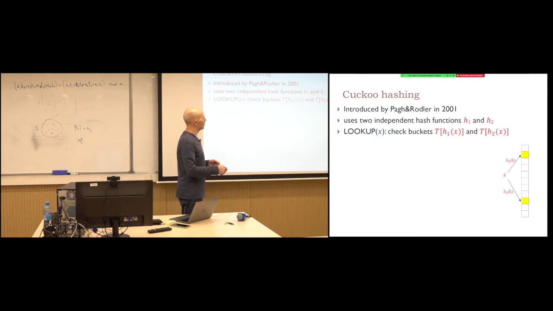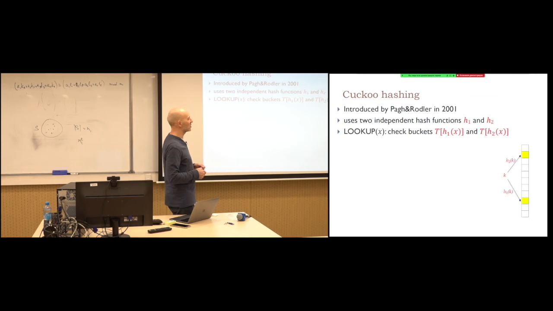Okay, so in Cuckoo hashing, now we are back to hash tables. We have a hash table as before, and this will be open addressing, so we will store everything in the hash table. The big difference with respect to the previous setting is that here we will have two independent hash functions, h1 and h2.